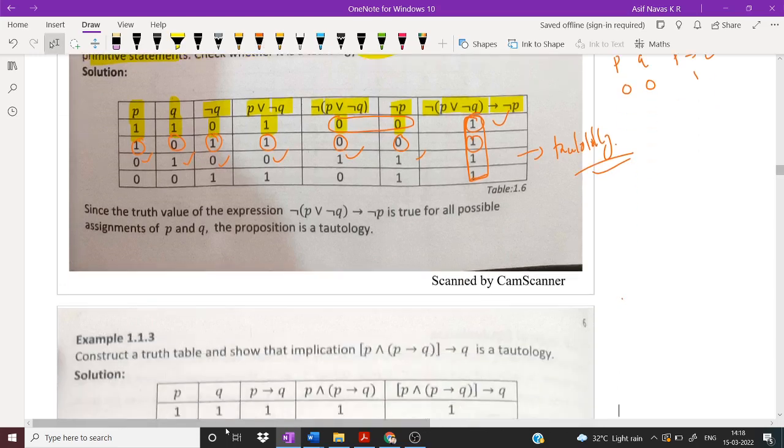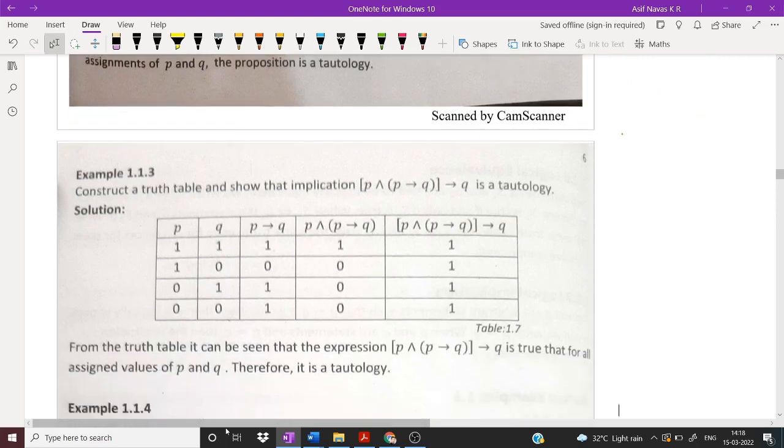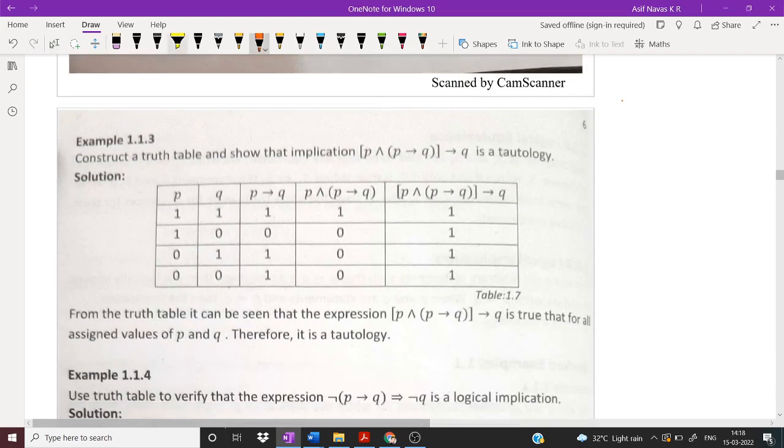Now we will do another problem. Construct the truth table and show that the implication P conjunction P implies Q, implies Q, is a tautology. P and Q are there.